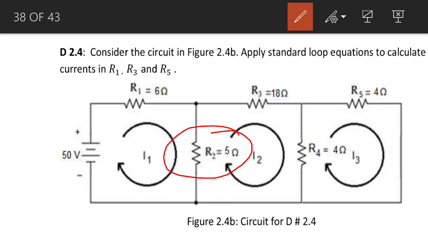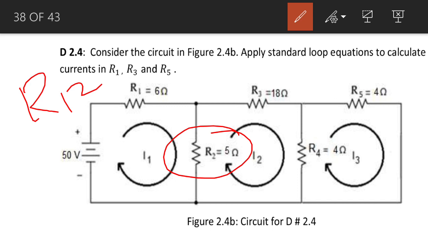You see R2 is a member of loop number 1 as well as loop number 2, and the two currents I1 and I2 are in the opposite direction through this resistor. So there will be a minus sign with R12. So R12, that is equal to R21, is minus 5 ohm.